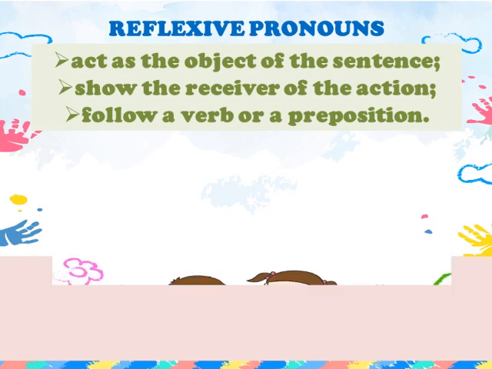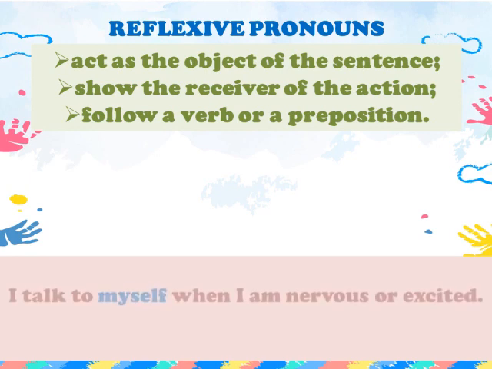For better clarity, reflexive pronouns can further be divided into two categories, that is singular, for example, myself, yourself, himself, herself, itself, and plural, for example, ourselves, yourselves, and themselves.